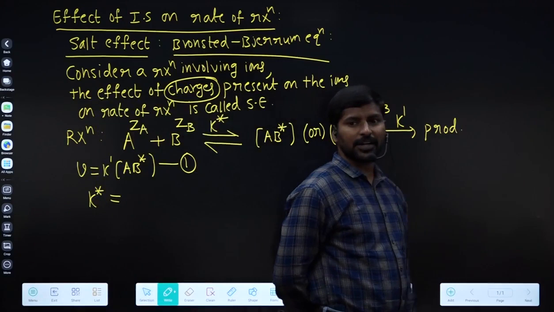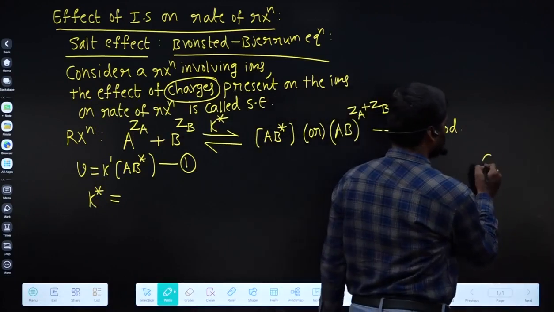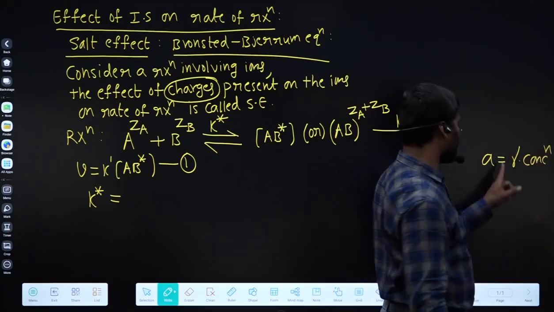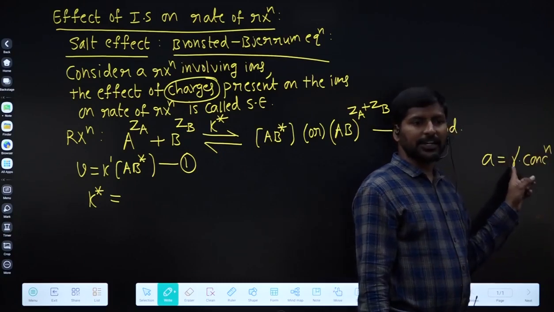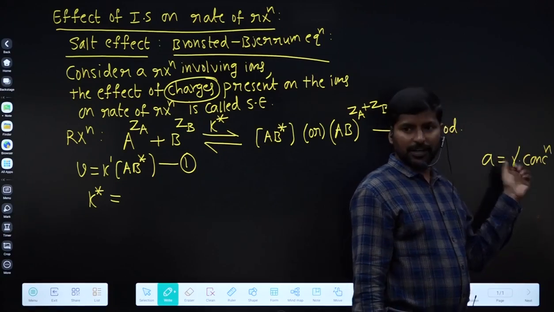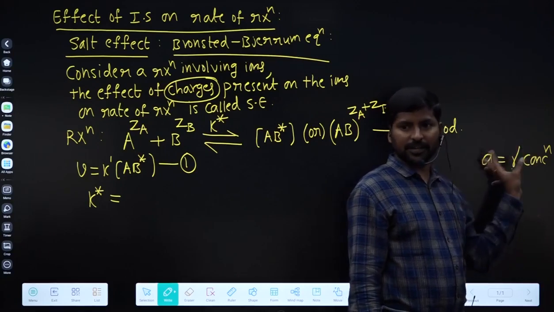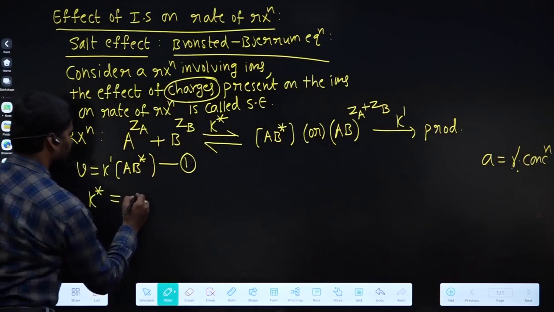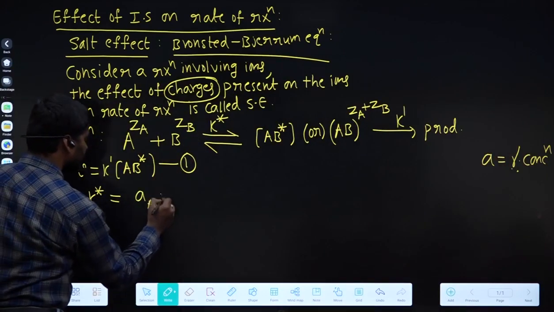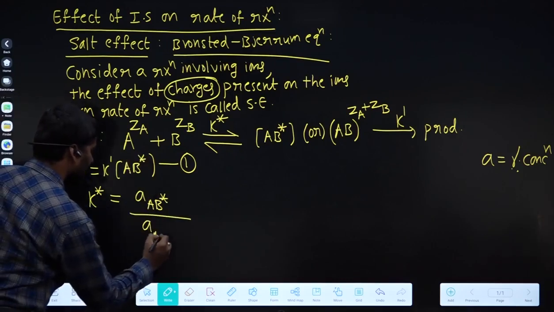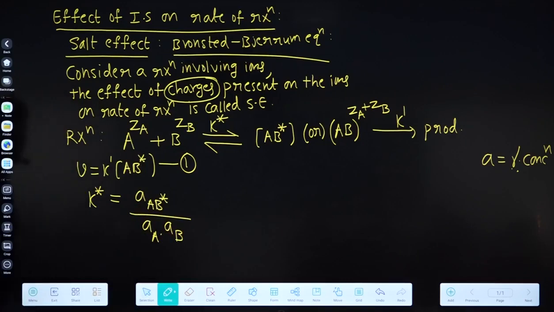Activity is equal to gamma into concentration, where gamma is the activity coefficient. For an ideal solution, gamma is 1, so activity and concentration are the same. So K star is equal to activity of AB star by activity of A into activity of B.